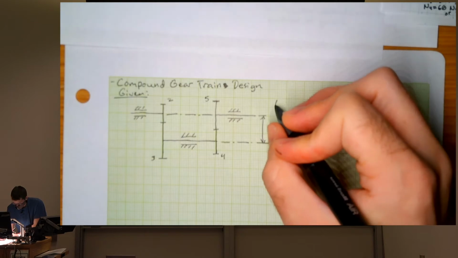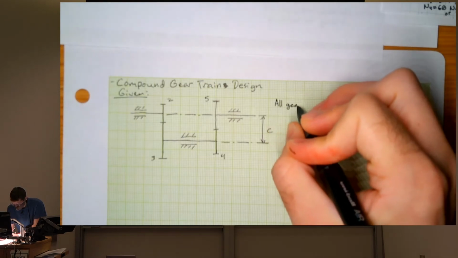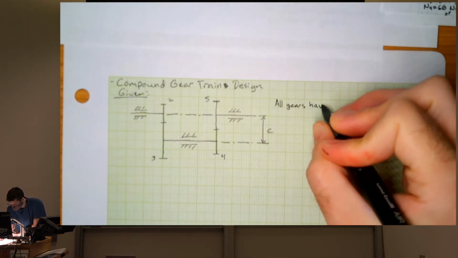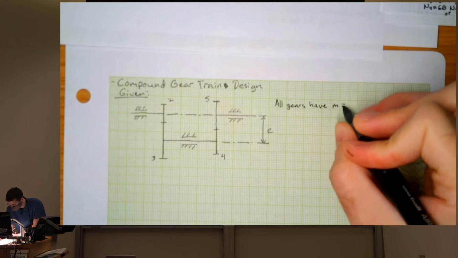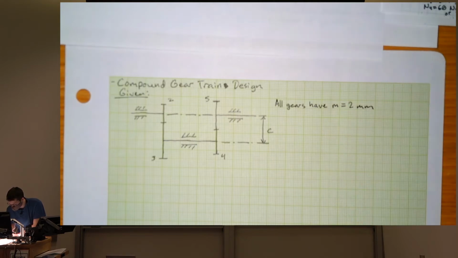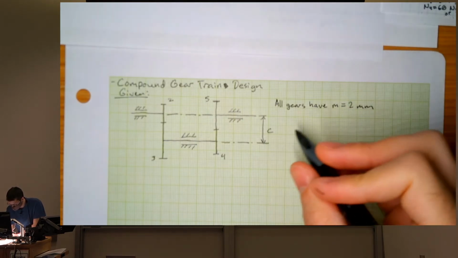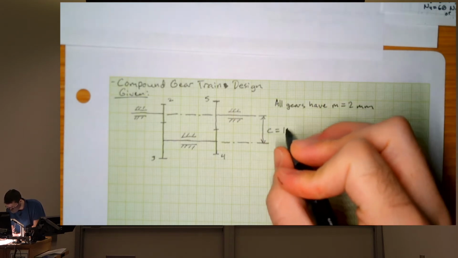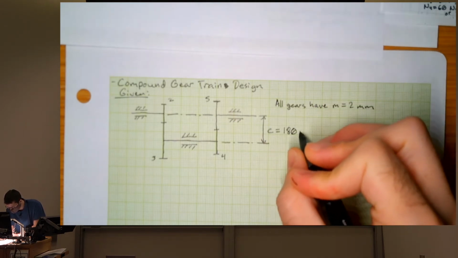And we're going to say that all gears have a module of m equals 2 millimeters. And the distance C is going to be equal to 180 millimeters.